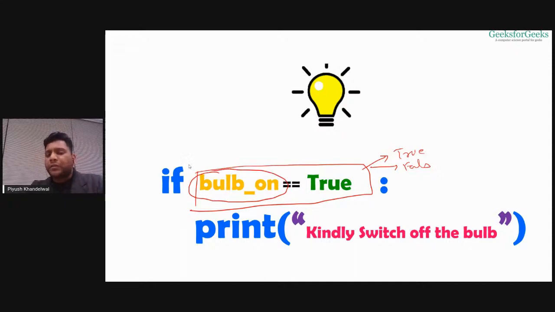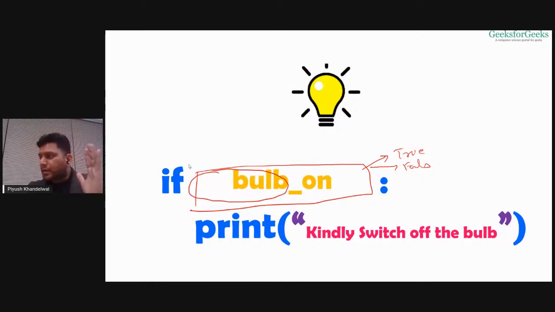So instead of writing bulb on equals true, this bulb on is a Boolean variable, right? It will have either value true or false. I can simply write if bulb on. So we can replace the comparison with the help of a Boolean variable, because this Boolean variable will also have value true or false.